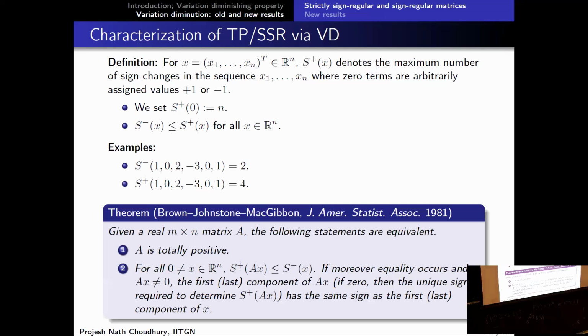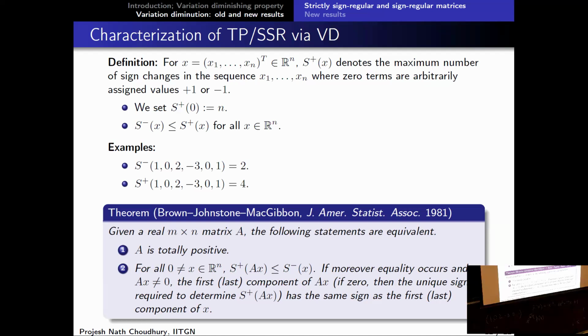Using this new sign count, Gantmacher and Krein in 1950 were able to characterize totally positive matrices, which was later refined by Brown, Johnson, and McGill. The result is that A is totally positive if and only if it satisfies the variation diminishing property with this new sign count.